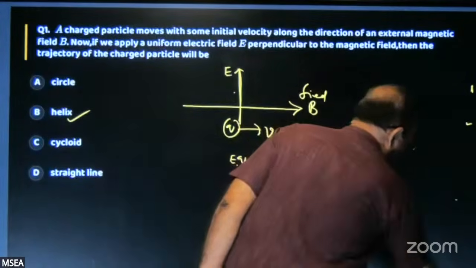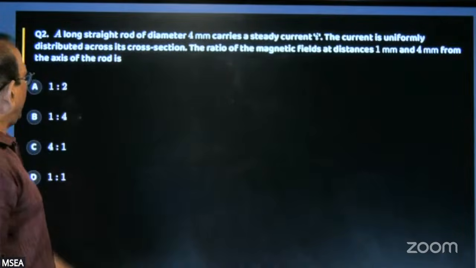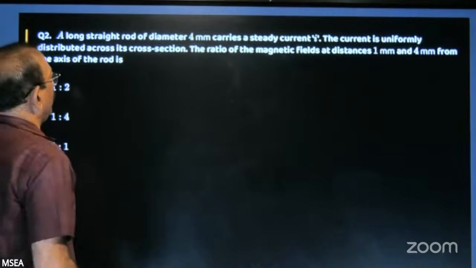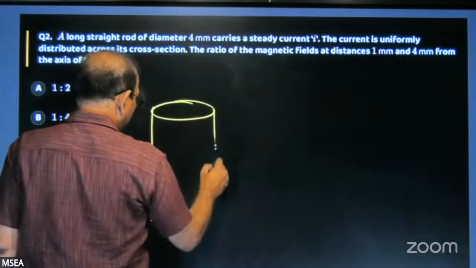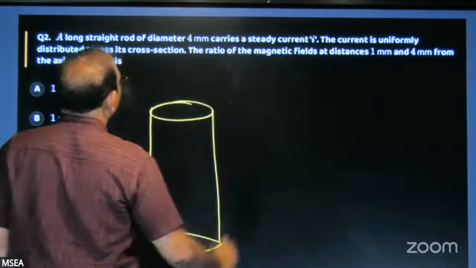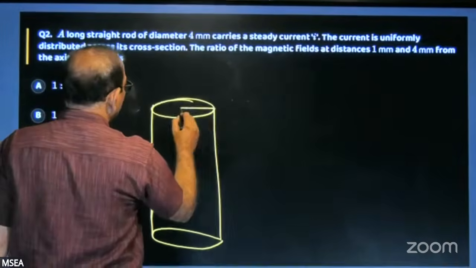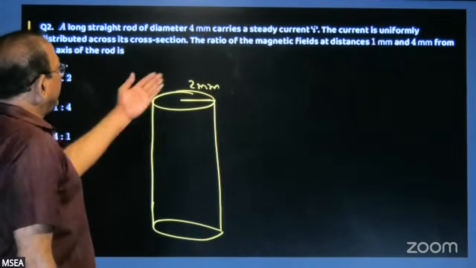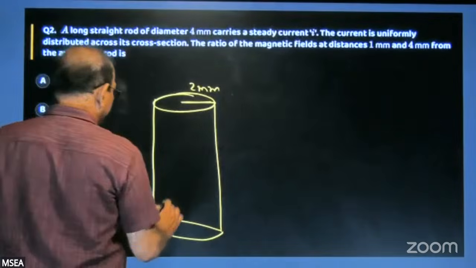I'm going into the next problem. A long straight rod of diameter 4 mm. Oh, this is not a thin wire, it is a long cylindrical rod of diameter 4 mm, means radius 2 mm. It carries a current I. The current is uniformly distributed across its cross section.